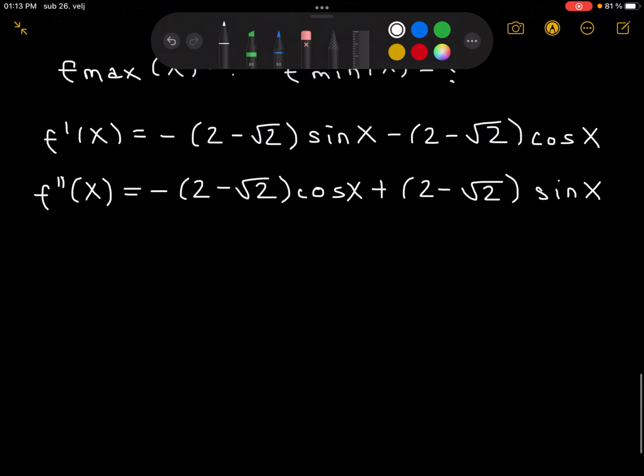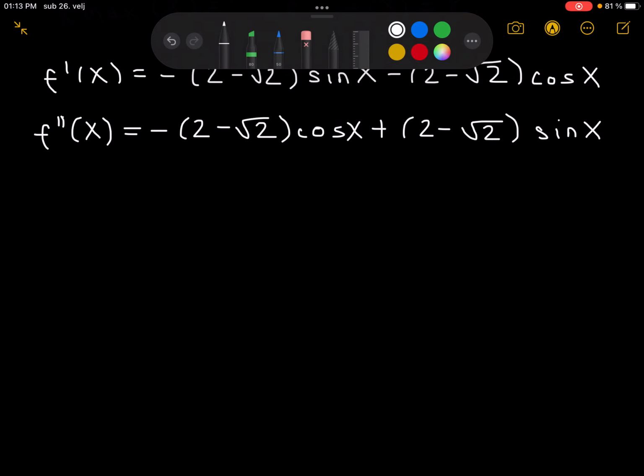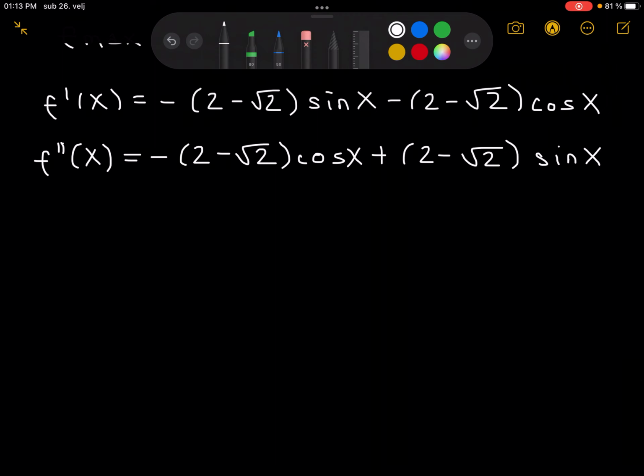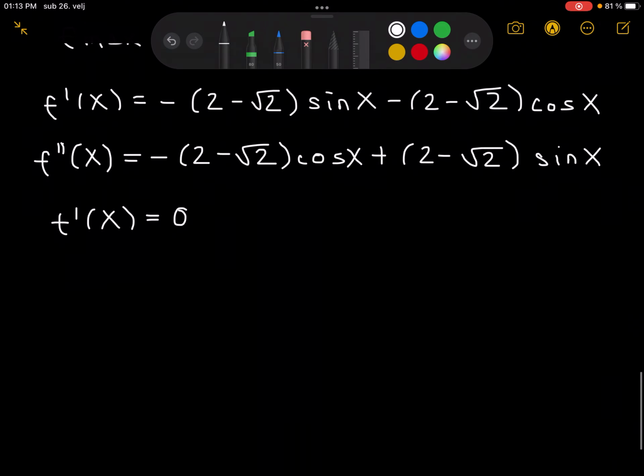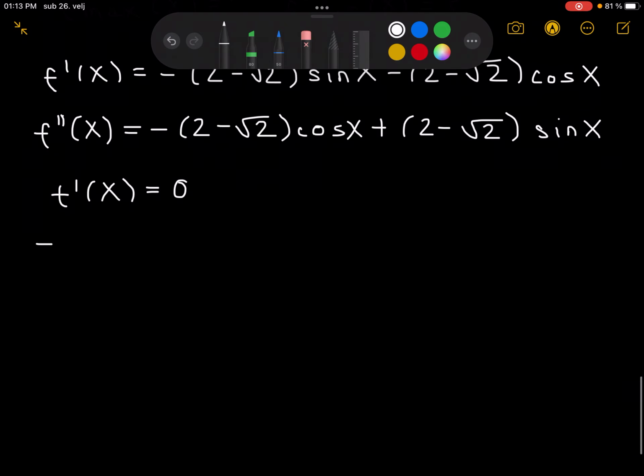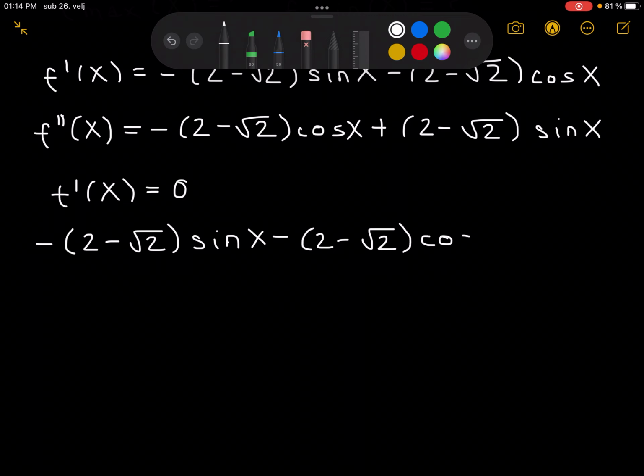Okay, now in order for us to find the extreme values, the first thing that we have to do is set the first derivative equal to 0. So we have to find the stationary points. Or in other words, when we do that, we'll get that minus 2 minus the square root of 2 sine x minus 2 minus the square root of 2 times cosine of x is equal to 0.